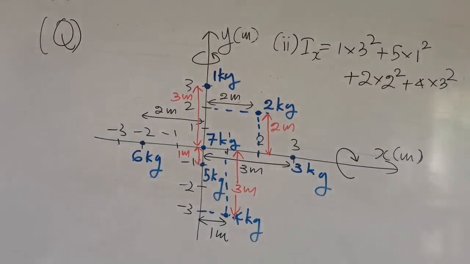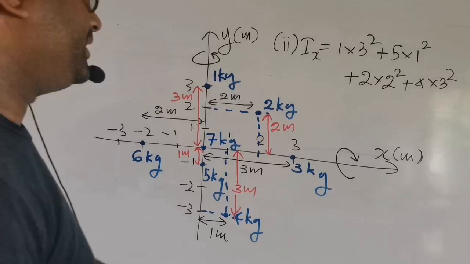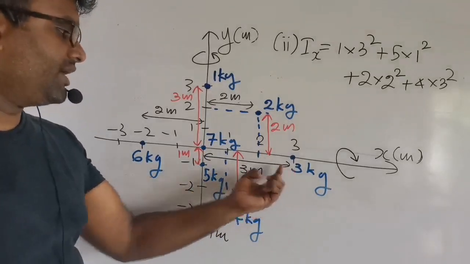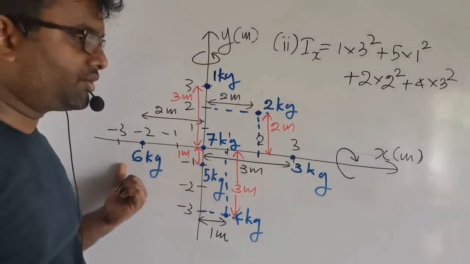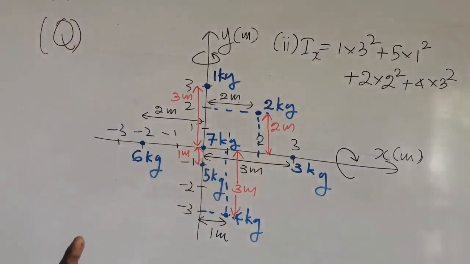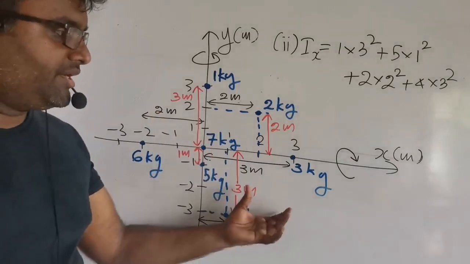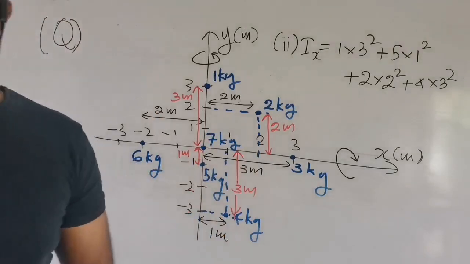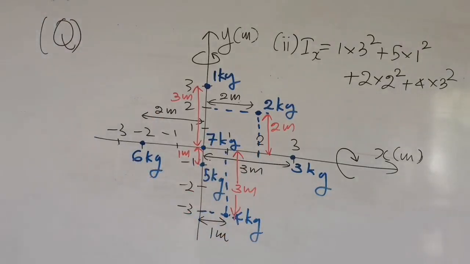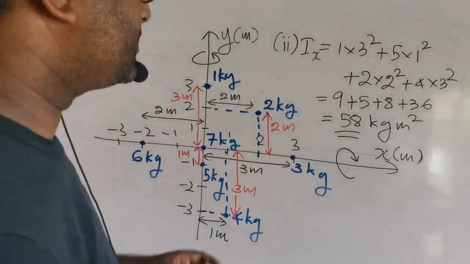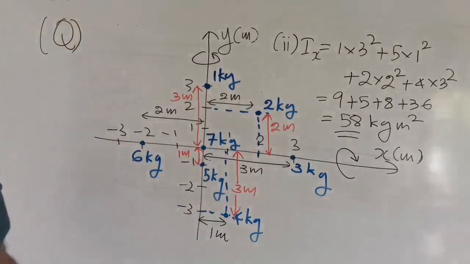Then you need to add them. In this situation also you can see the masses 3 kilogram, 7 kilogram and 6 kilogram are located on the axis, therefore we don't have moment of inertia by those objects. Find the value. So this is the answer for the moment of inertia about the x-axis.